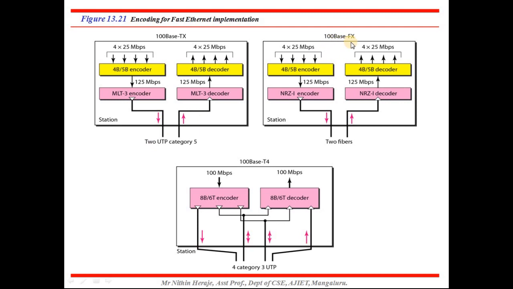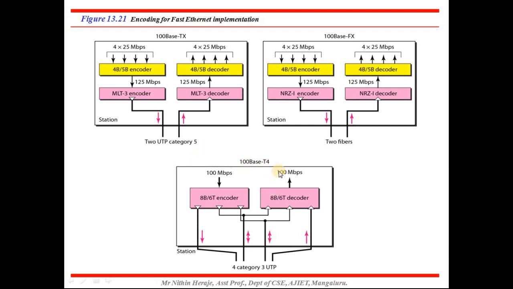And if you look at 100 base FX, even here 100 Mbps is split into 4, and you are using an NRZI encoder. Here you are using an NRZI decoder. Here two fiber optic cables are used.